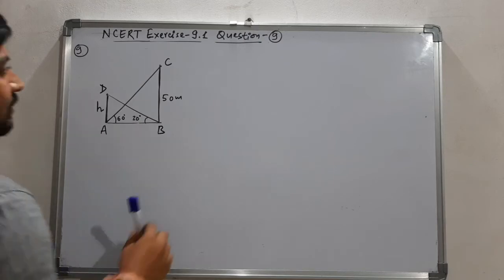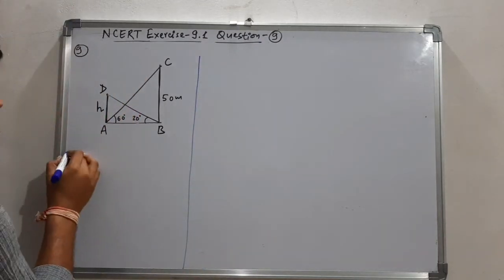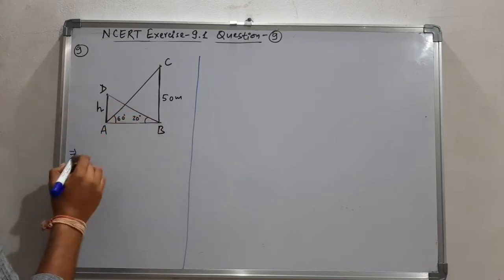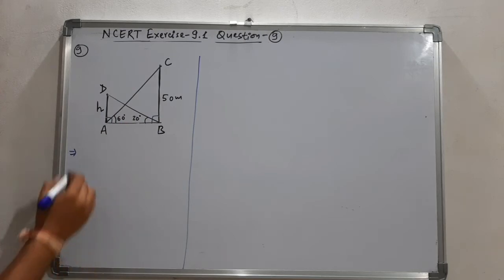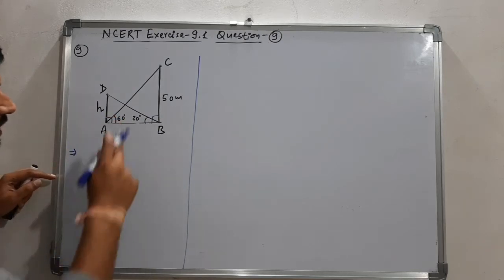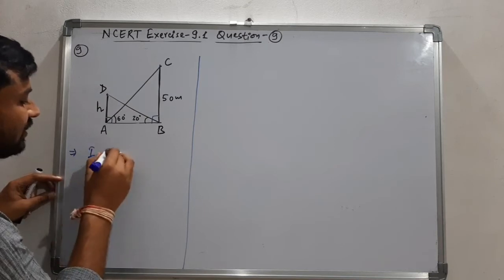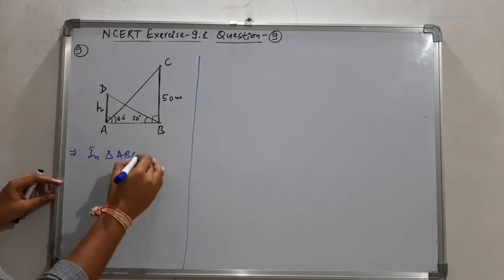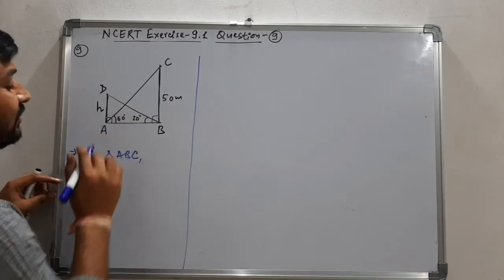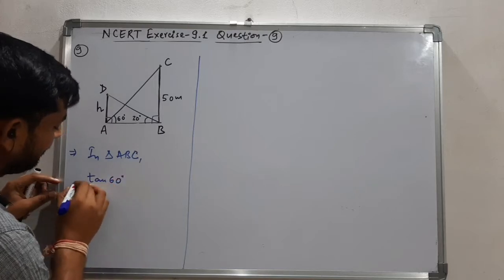This is a very simple question based on the same trigonometry concept. Here we can consider two triangles. Here this angle B and A will be right angles. So first, if we consider triangle ABC, where we have the tower, the angle which we have is 60 degrees, so I am taking tan 60 here.